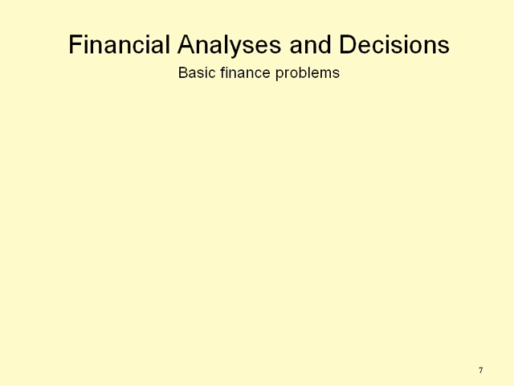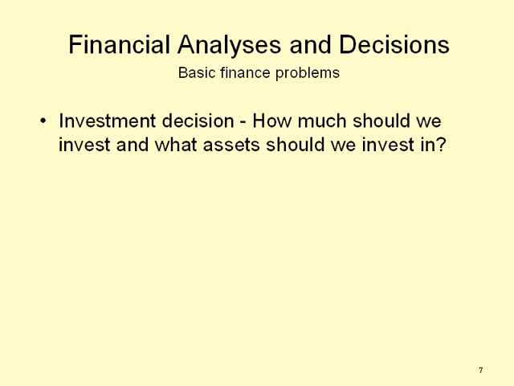This course will cover some specific financial analyses and decisions. These analyses and decisions are designed to help solve two basic finance problems. The first one is the investment decision problem, which can be phrased as how much should we invest and what assets should we invest in.